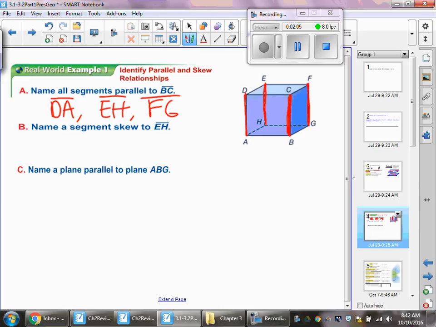Now we need to name a segment skew to EH. I'm going to highlight EH, which is a vertical line. Skew means they're not parallel and they do not intersect. So BC, FG, and DA cannot be skew.